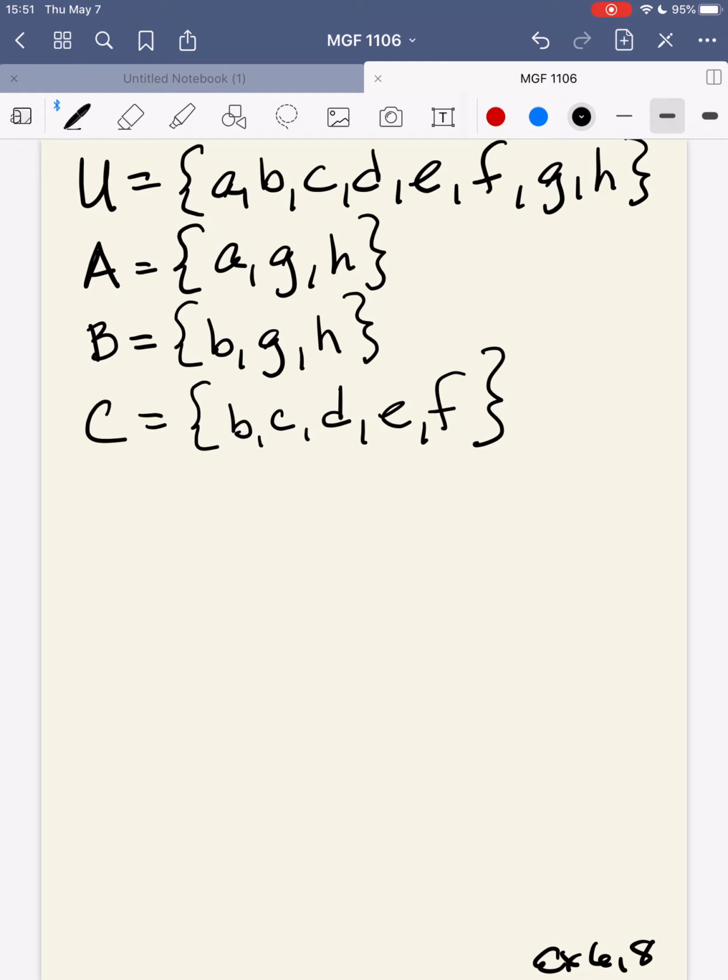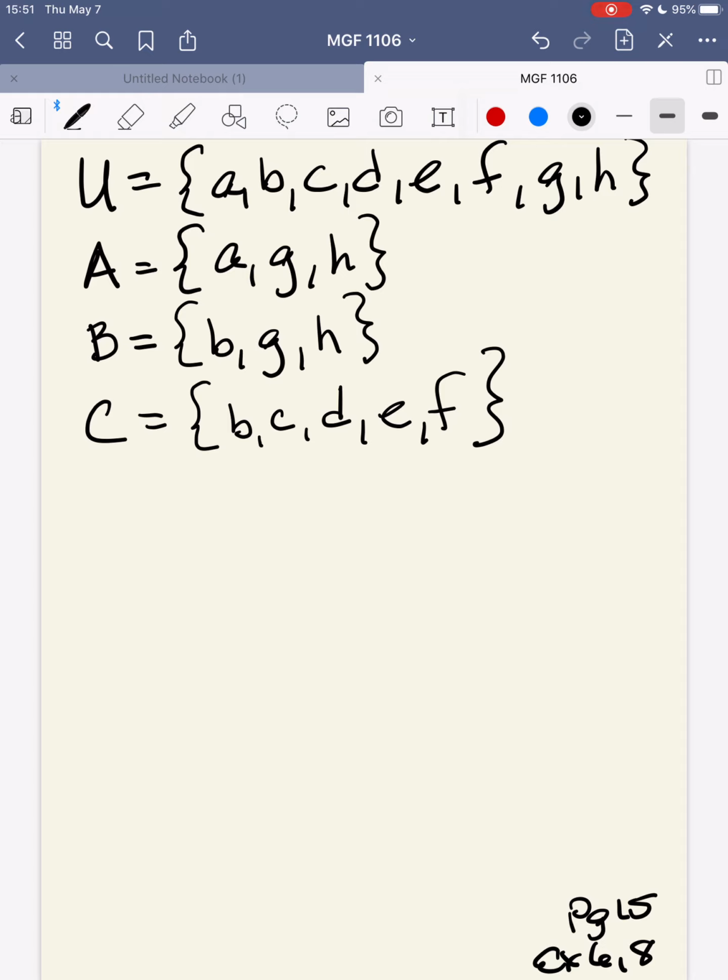Okay, so this is both example 6 and example 8 on page 15. I'm just putting them together. They're the same sets, but one's union and one's intersection. Okay, so I have a universe that goes from A to H. A is A, G, H, B is B, G, H, and C is C, D, E, F, and that's it.